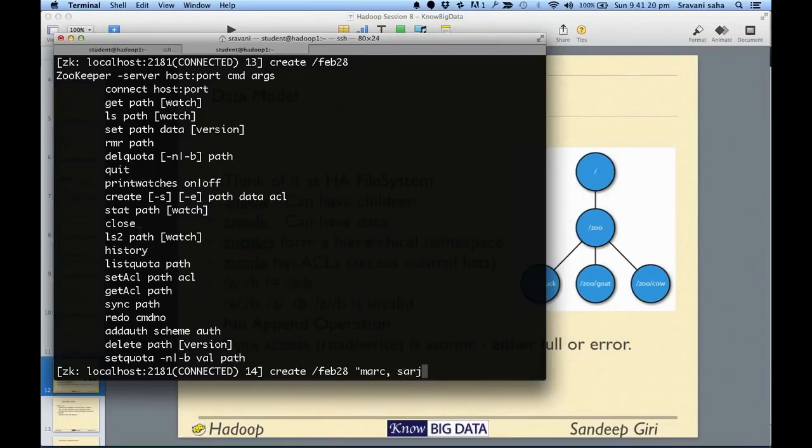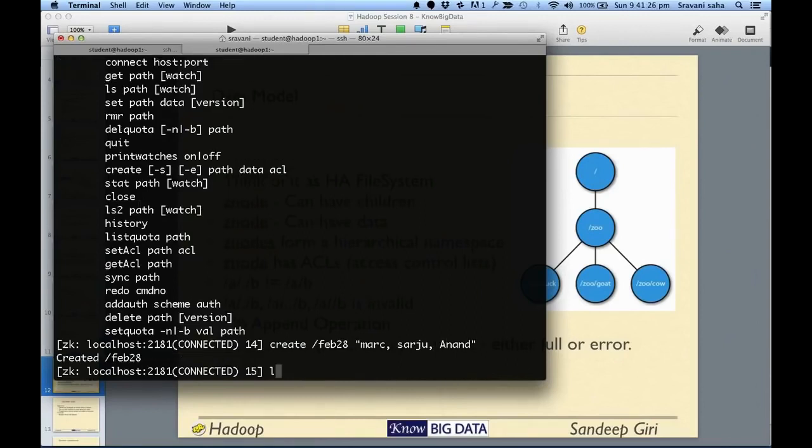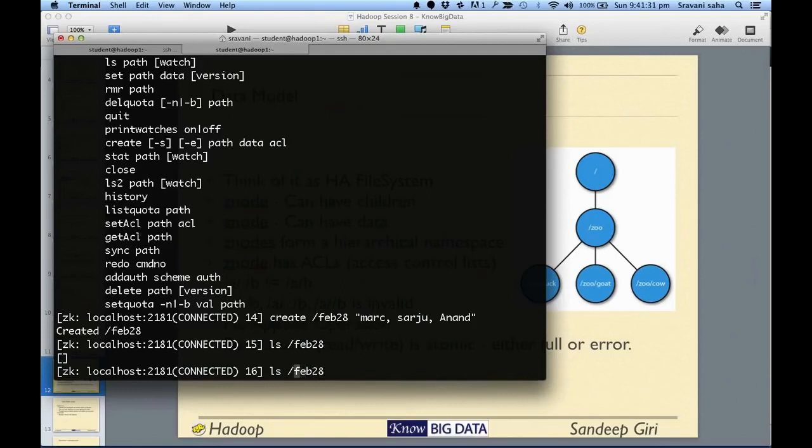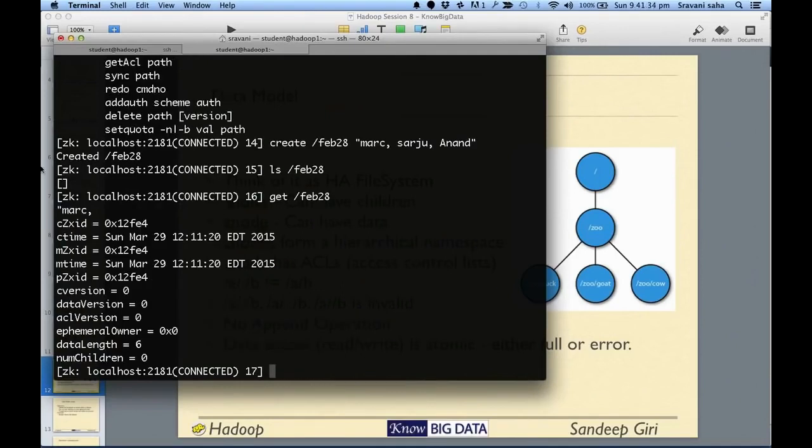Let's say Mark, Sarju, and Anand. This is the data we are putting. ls slash fab28 has nothing in it, no children nodes, but if you say get, it contains this data. Oh, the data stored in it does not have the space.